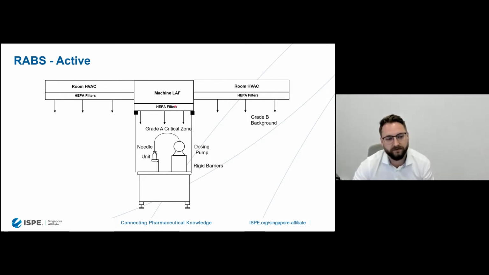Generally, you can have a positive pressure to ensure the airflow is down and out of the RABS a bit better than using the room HVAC design. So again, the size of the critical zone is slightly smaller. The HEPAs are slightly closer, and the smoke studies and interventions would be handled very similarly to the other ones here, so we won't get into that.